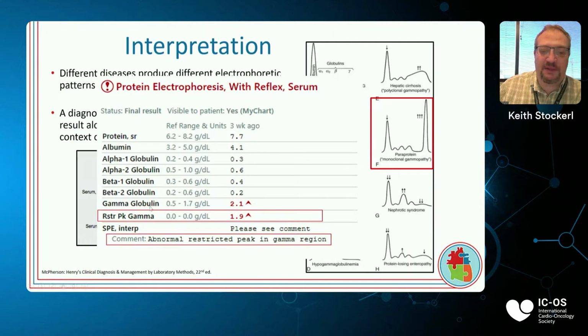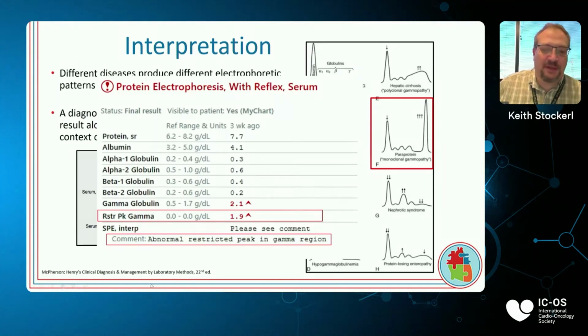And you can see that in the gamma globulin fraction, so this fraction at the end, there is larger than normal, it's 2.1. And then very specifically what we're looking for, if the pathologist can detect a monoclonal spike, a peak somewhere hidden in there, they can then quantify it. So in this particular patient, they had a peak measuring 1.9 grams per deciliter. And again, in a normal situation, no monoclonal peak would be detectable.